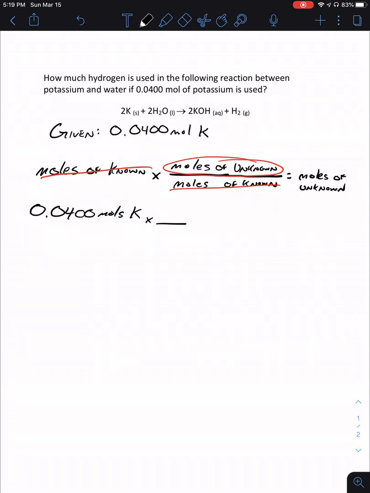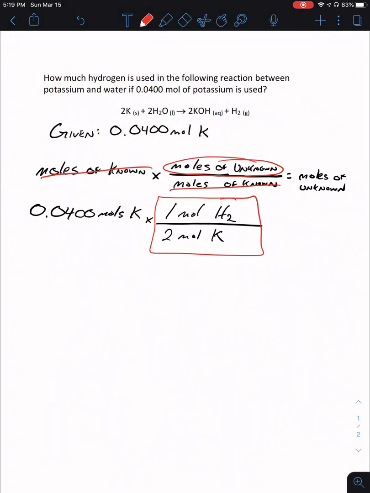Our moles of known, times 1 mole of H2 over 2 moles of K. As you can see here, this is our molar ratio. It's just one of the examples that you would have done before if we were looking at the ratios.